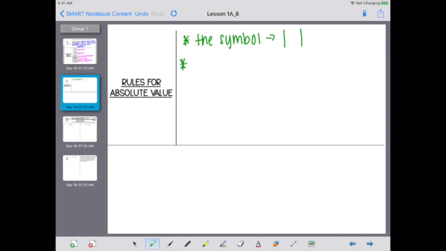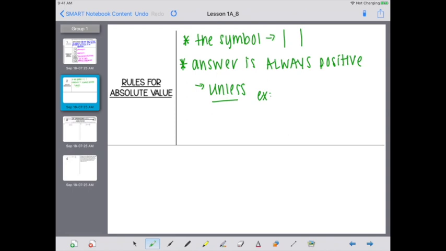Your answer is always going to be positive, unless it's an exception and you have a negative outside. So a negative absolute value 4, your answer will be negative 4. So you have a negative outside the absolute value.